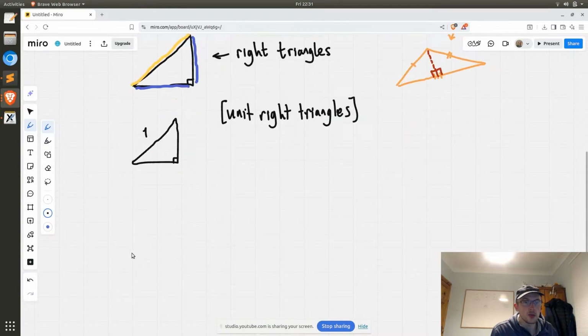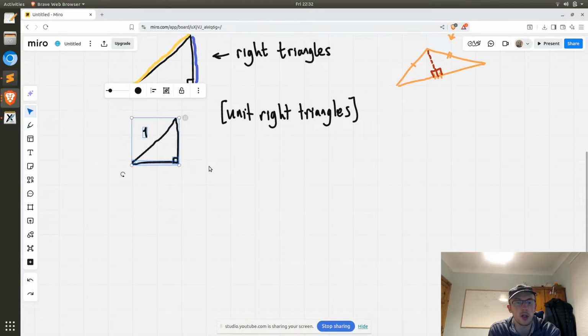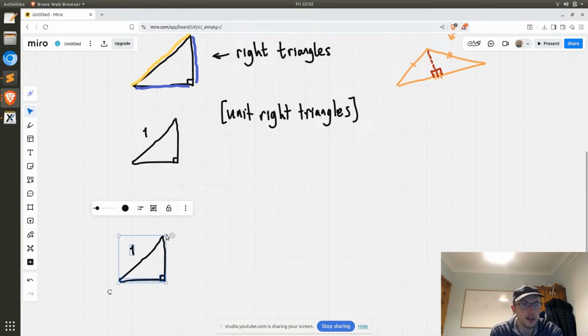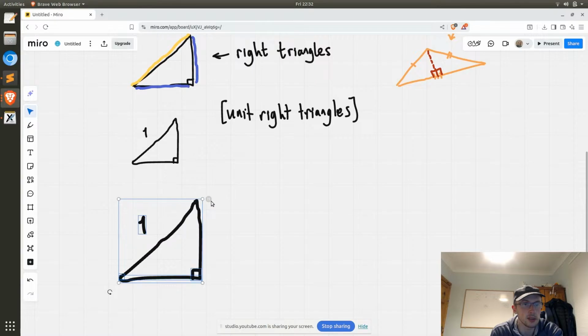Just to really drive that point home, I'll make an exact perfect copy. And then on this little control here, I'll drag it out.